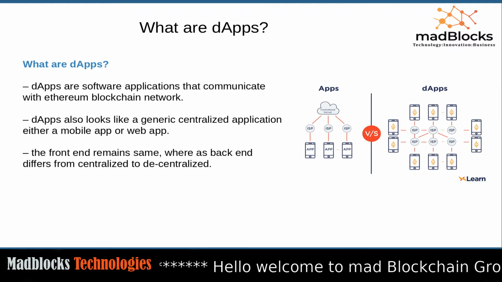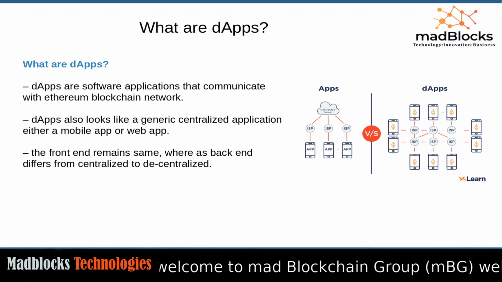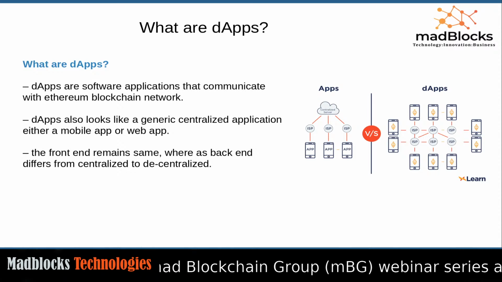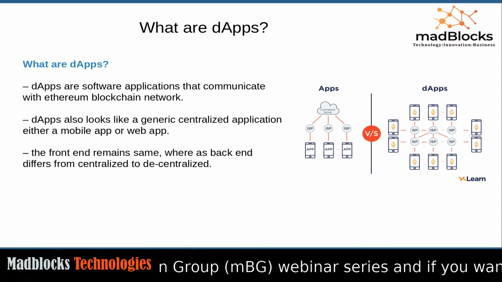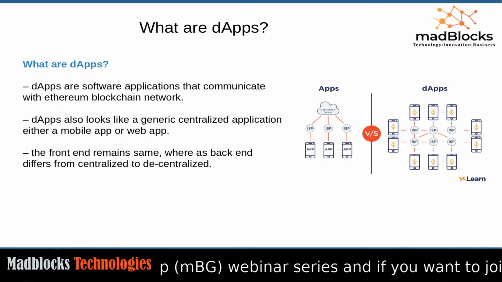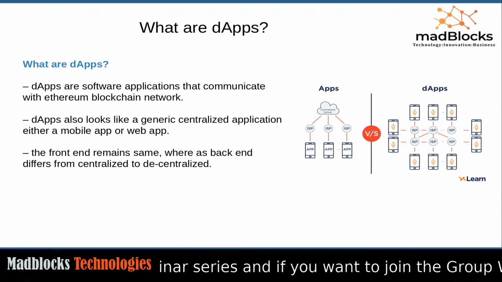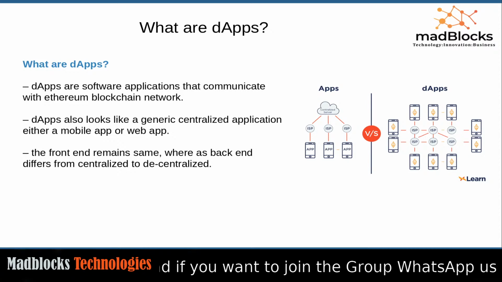You can use different types of programming languages to create the user interface, and that user interface will never be affected. So if you look at an application, you cannot say whether it is implemented on the blockchain or not, because the front end will look the same, but the back end will change, from a centralized application to a decentralized app, in the mobile application or the web application.